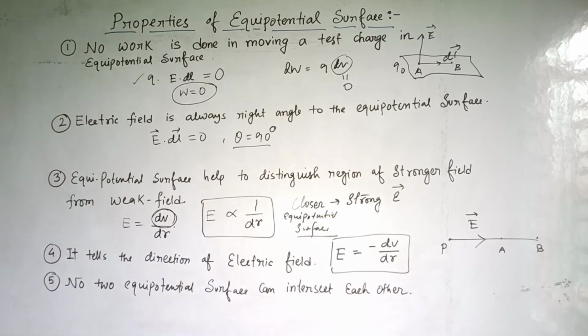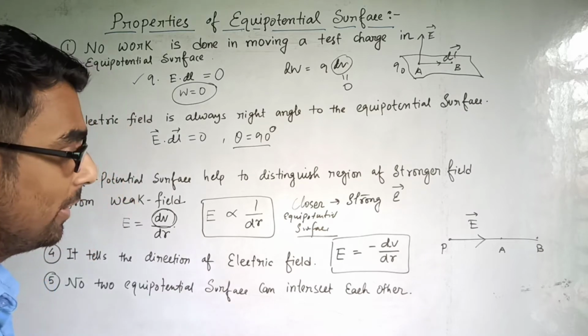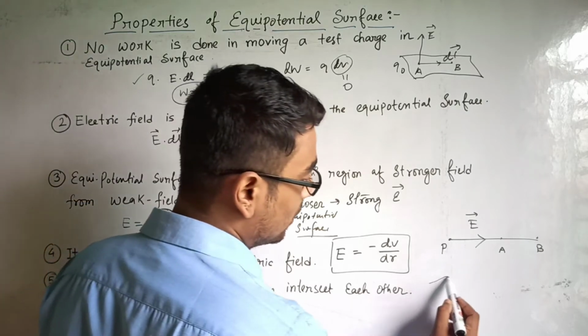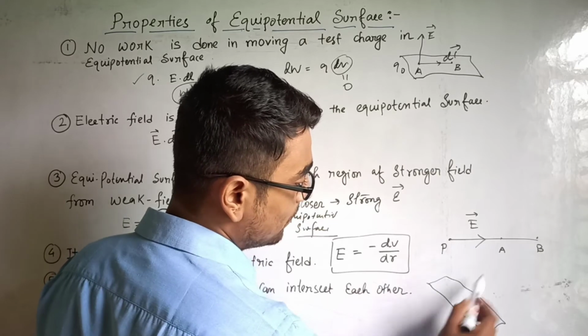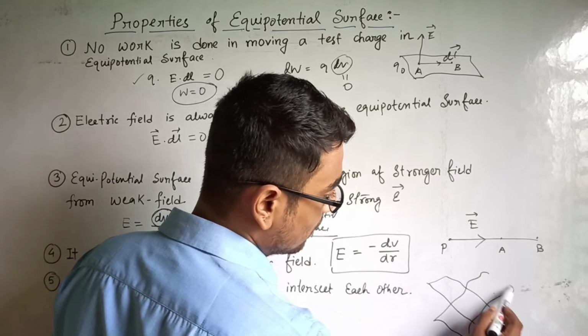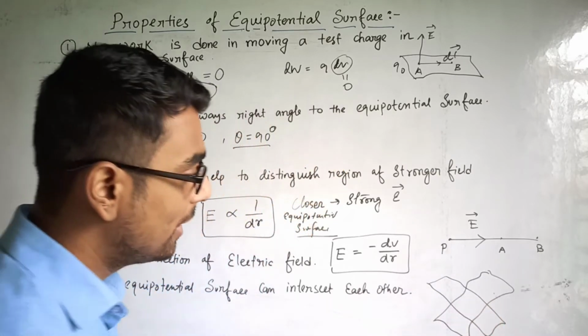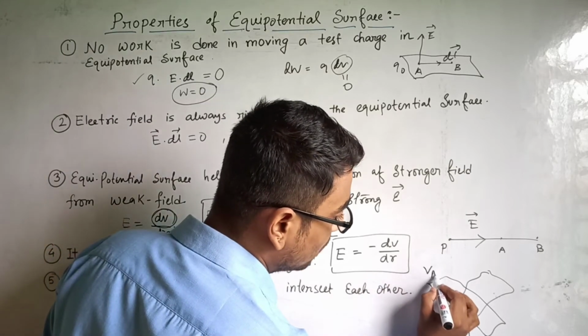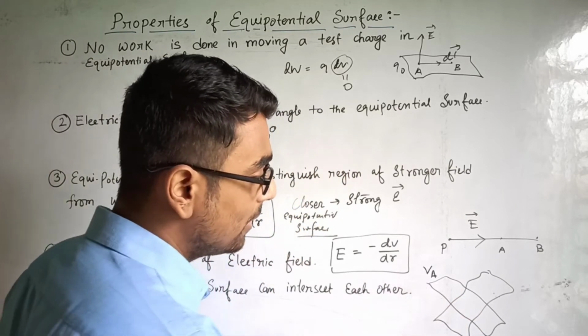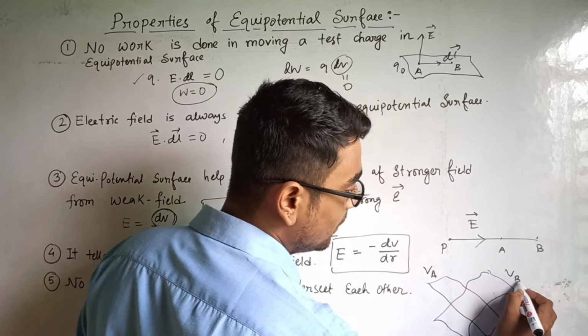Coming to the next point: no two equipotential surfaces can intersect each other. Suppose these equipotential surfaces intersect each other, and let the potential of one surface be VA and of the other be VB.